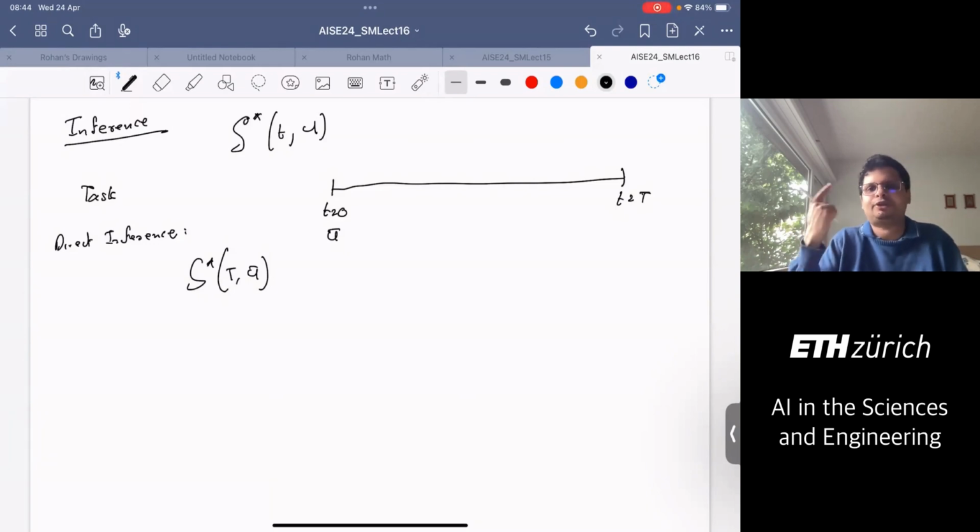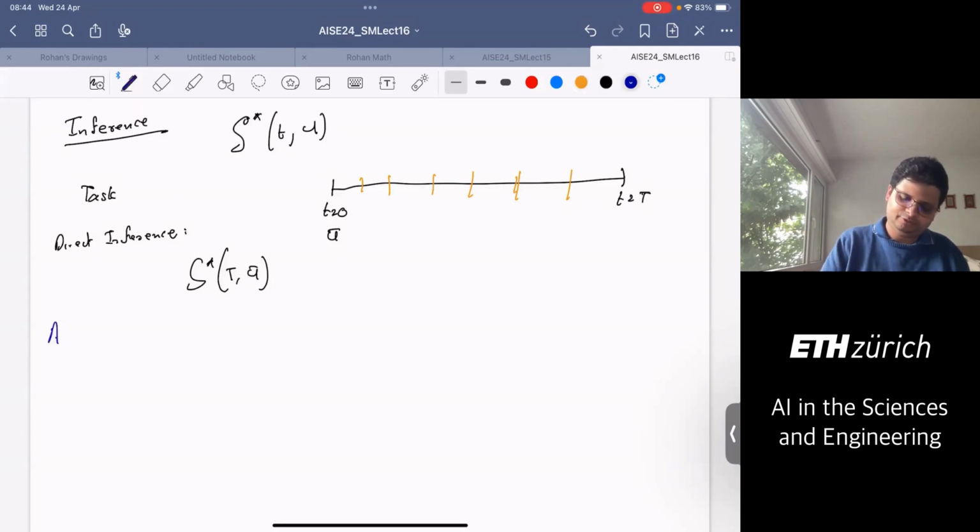This is very cheap because it's only one evaluation of the neural operator. But of course, you can say, well, we have trained all to all. We have information about intermediate time points. Why don't we use that during inference? You can. So in that context, what you can do is you can choose, so this is autoregressive. Let's write it down. Autoregressive inference.